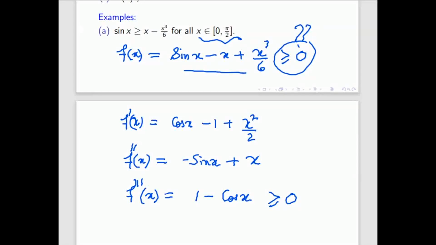The maximum value of cos x is 1, so it will be either 0 or some positive quantity, because 1 minus cos x is always positive. So if the third derivative is positive, what can you say about f double dash x? It is an increasing function.